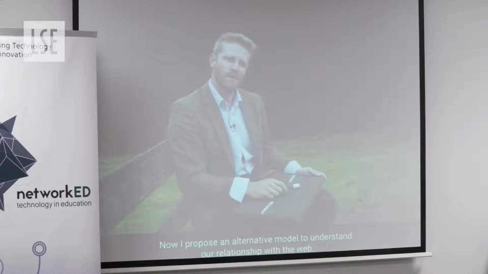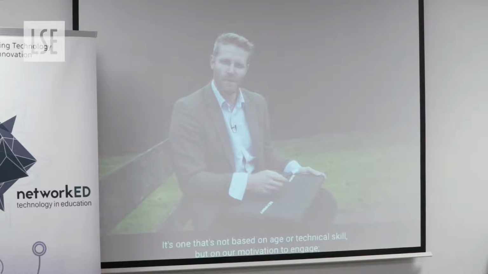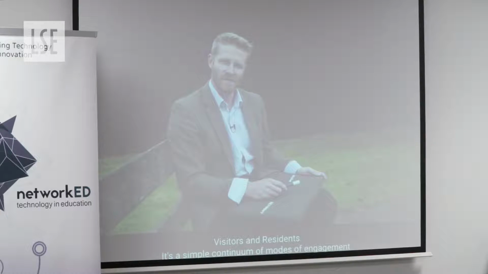In recent years, even Prensky himself has grown wary of the digital natives and immigrants idea, as it's become ever more clear that age is not the predominant factor in the successful engagement with digital technology and the web. Now, I propose an alternative model to understand our relationship with the web. It's one that's not based on age or technical skill, but on our motivation to engage, visitors and residents.